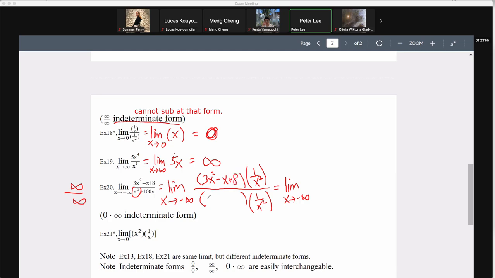So with this, we have x squared, and then plus 100x, and this one we didn't multiply. Now when you multiply all that, you know what we get? We get 3 minus 1 over x plus 8 over x squared.